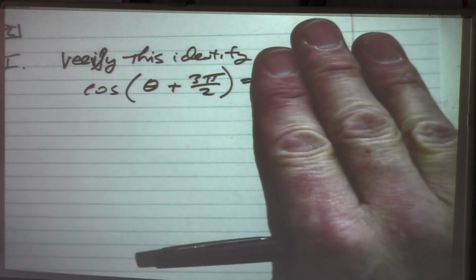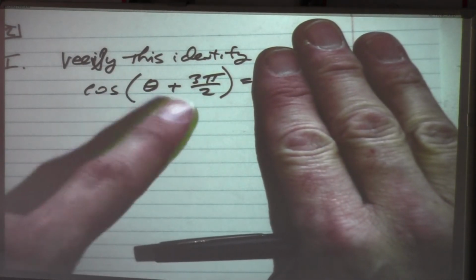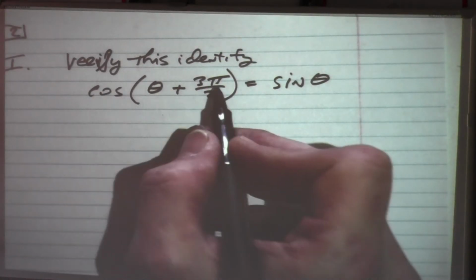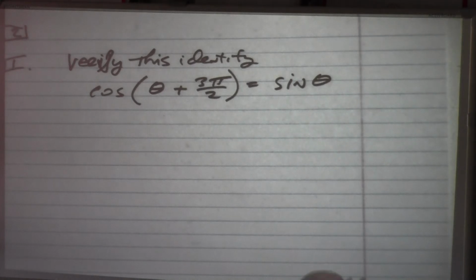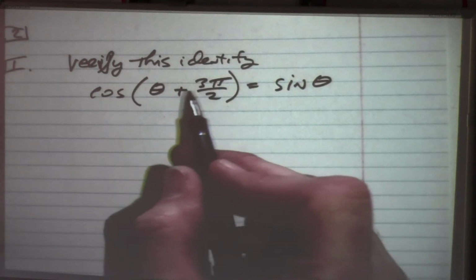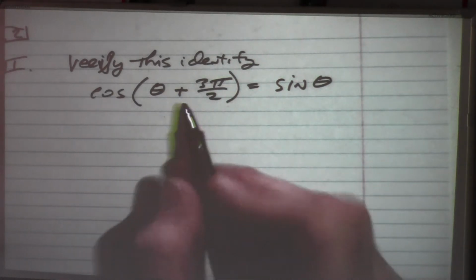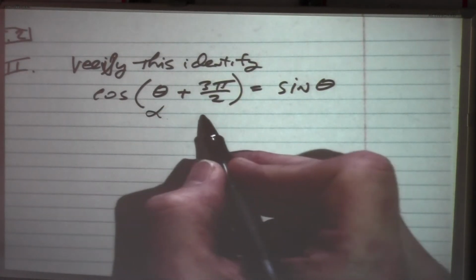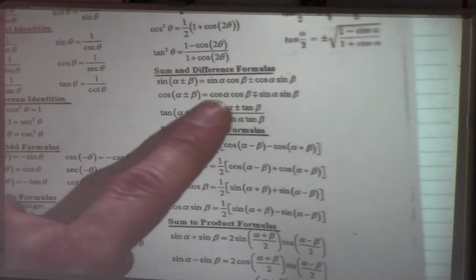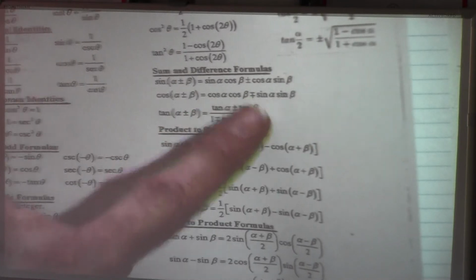In fact, right here we can see it's the cosine of two angles being added. We have no idea what cosine theta is, but we will know what 3 pi over 2 is, so let's work with it. So the place to start looks like to use the sum formula for cosine. If I say this one's alpha and that one's beta, well, it's the plus, so I'm going to use cosine, but it'll be a minus in the middle.